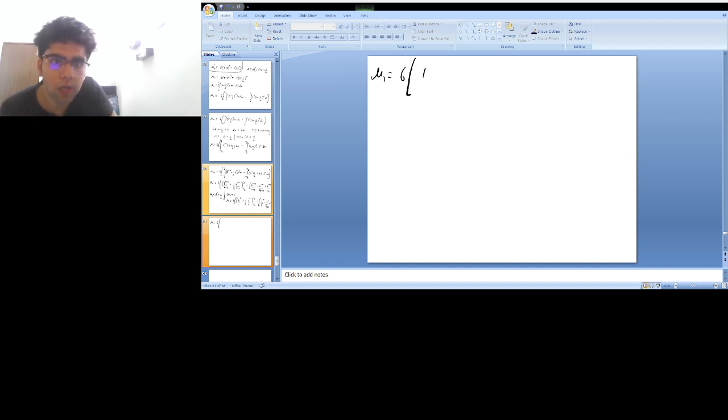So this was t cube upon 3 plus half, and half becomes 4.